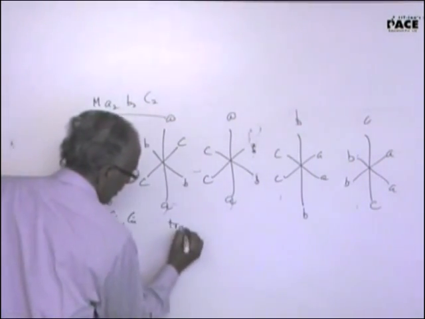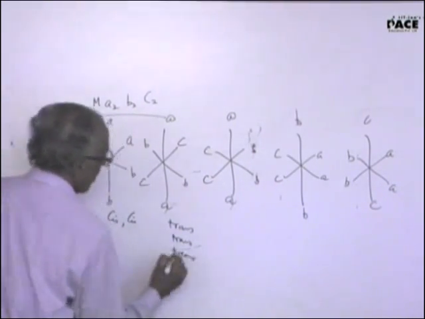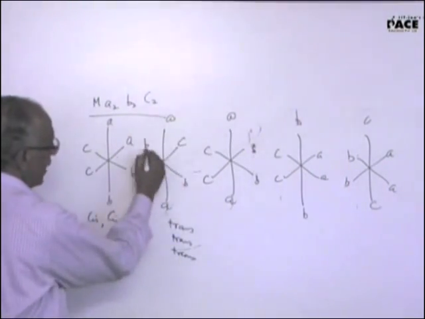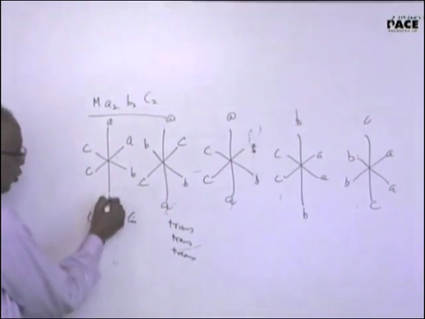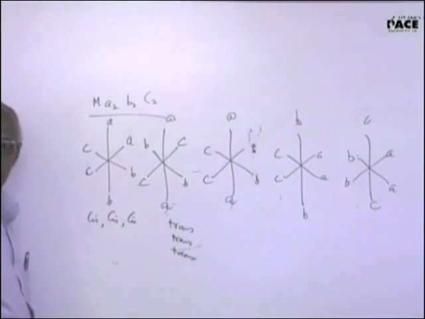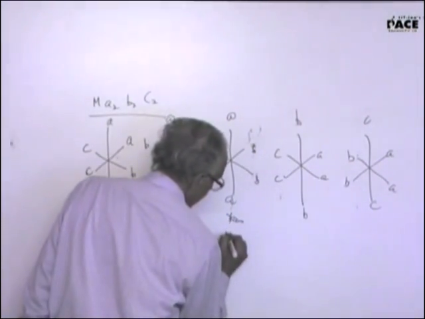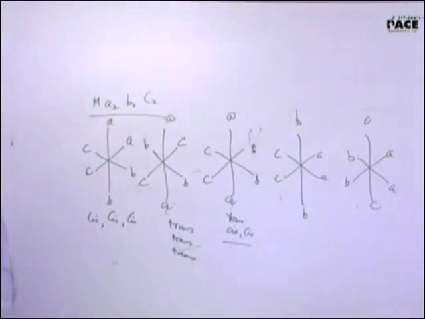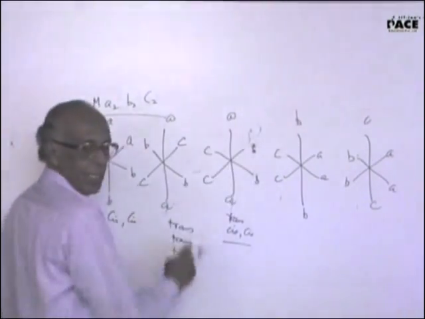This is trans: A trans to A, B trans to B, C trans to C. So A cis to A, B cis to B, C cis to C. Then A trans to A, B and C are cis.